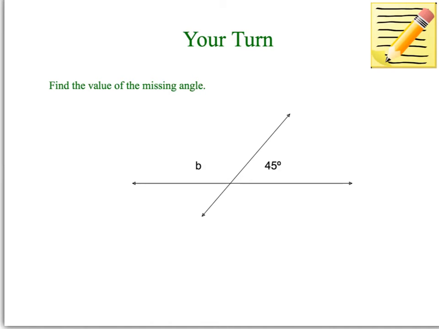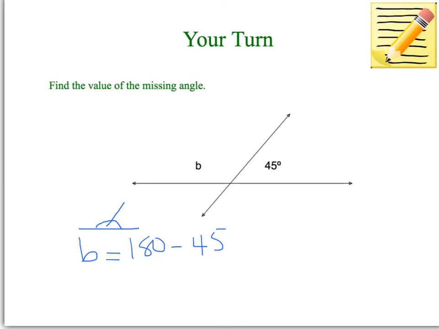Okay, so we're going to write our working out. First of all, I'm going to draw my symbol because I know this is supplementary angles, pairs of angles, so I'm going to draw the supplementary symbol, and that means that they add to 180 degrees. So B equals 180 minus 45.